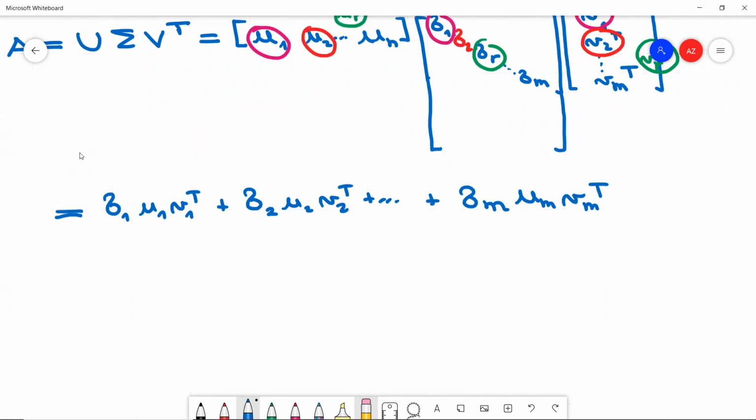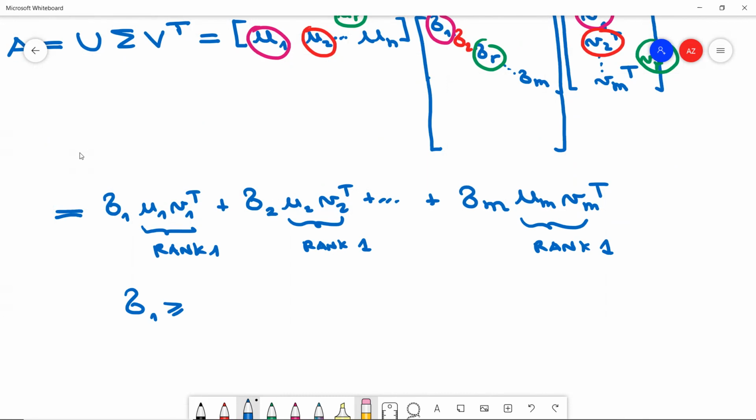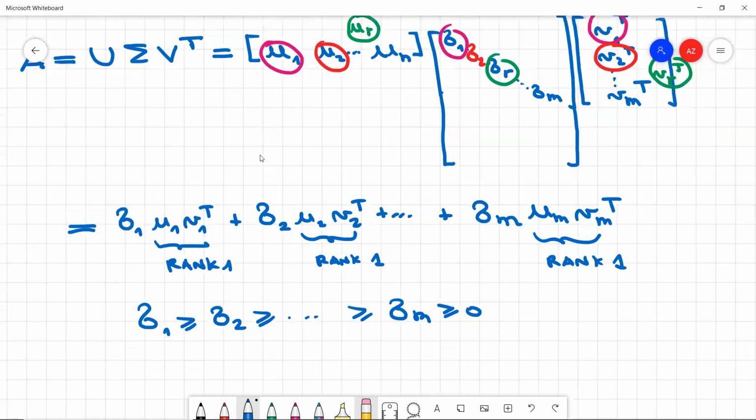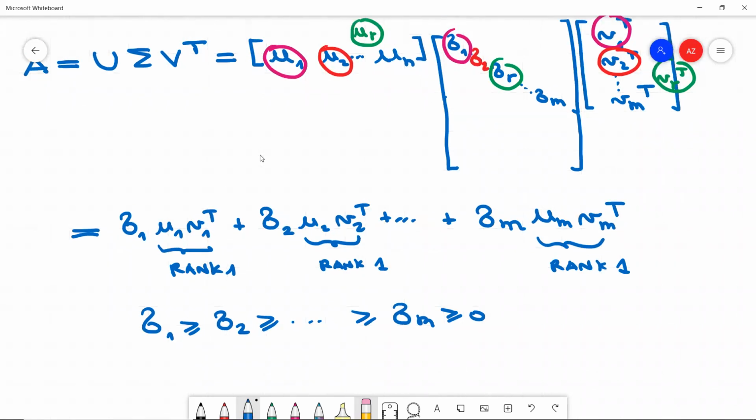So those components are rank 1 matrices. And these sigmas are ordered in decreasing order. And I also allow zeros. And now we have a big matrix. Let's say that n is really big.